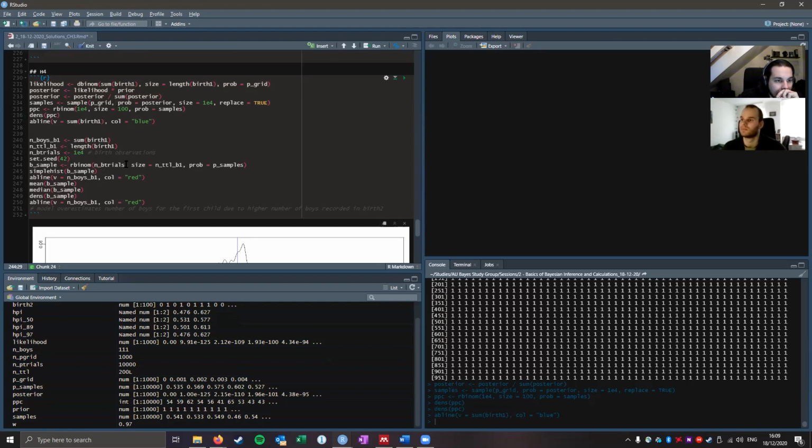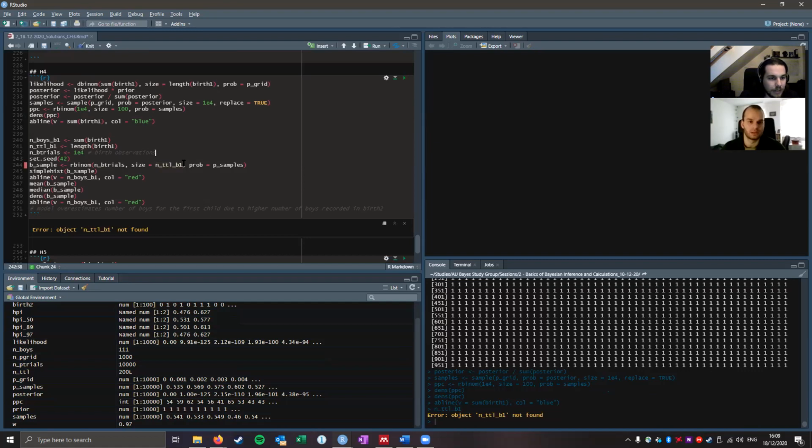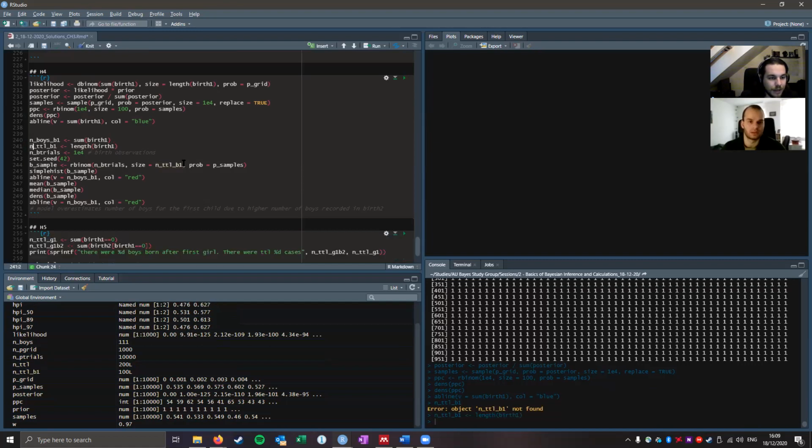This NB trials right here. Probability is p_samples. So basically this p_samples, sorry, no, I'm still confused. Our binom, what he calls PPC, is my B sample. Then we have the NB trials, which is 1e4. We have this, which equates to 100. Exactly. I just haven't run this yet, but this is 100.